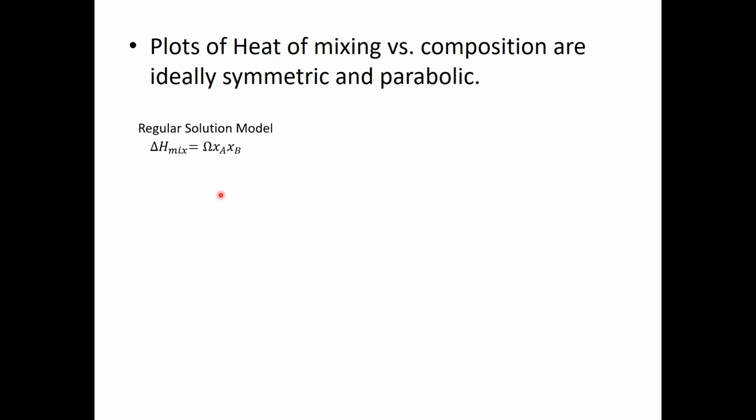You have x_A and x_B, so metal A, metal B. You can write one in terms of the other, so you effectively have an x squared function. You can plot this on Google, it's kind of cool. This is simply a parabola.